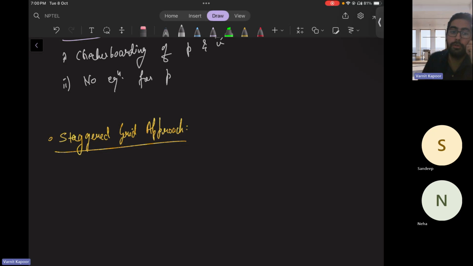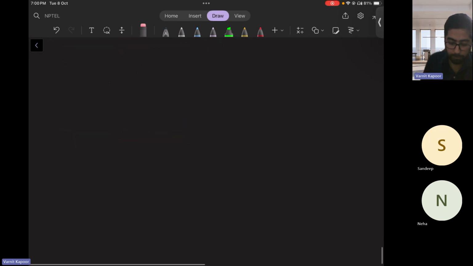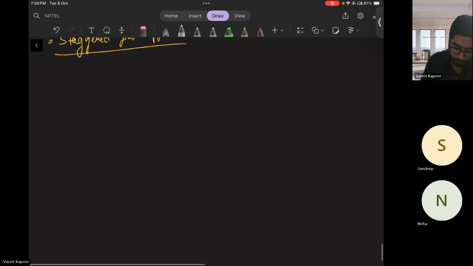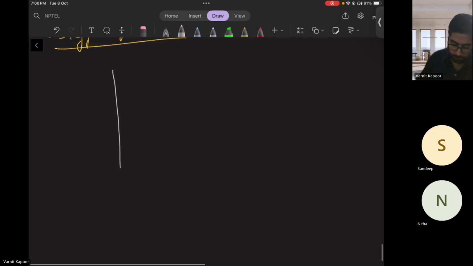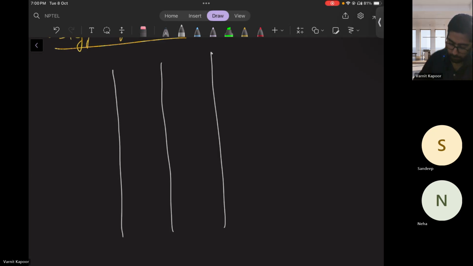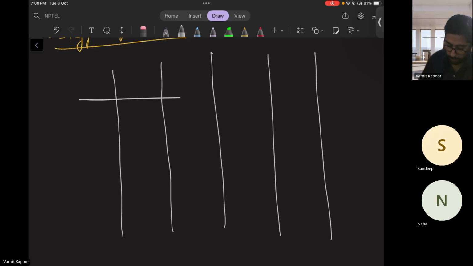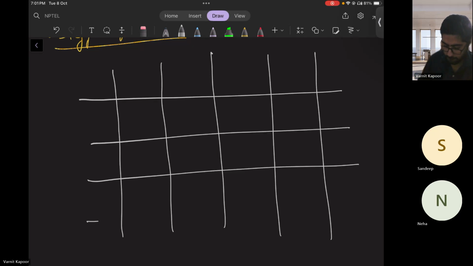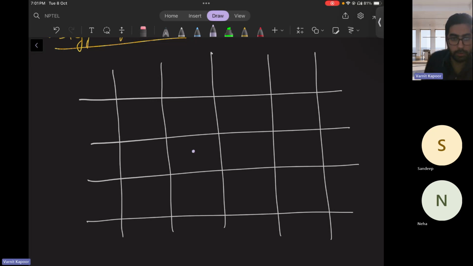So instead of that, what will you do? Use a staggered storage grid approach. Earlier we had a cell P where at the cell centroid, U and P both were getting stored. That was an issue. Instead of that, let me make a new grid. Carefully understand this grid. Suppose this is your cell.